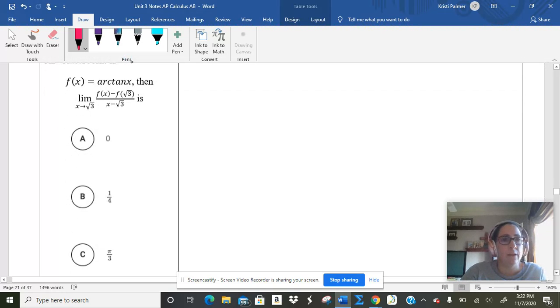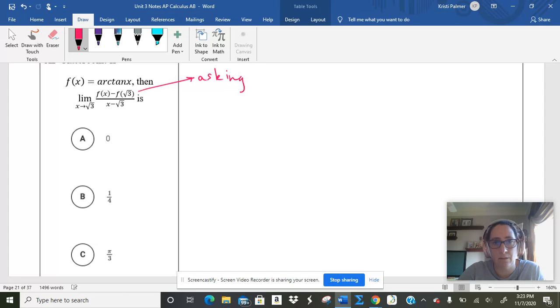Okay. Says, hey, if f of x is arctan, then it wants me to find this limit. So I'm bringing back some old stuff, back from Unit 2. So what is this asking me to find? And that's what we have to remember.